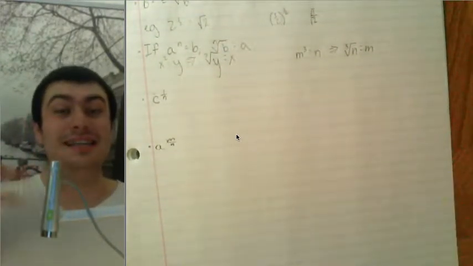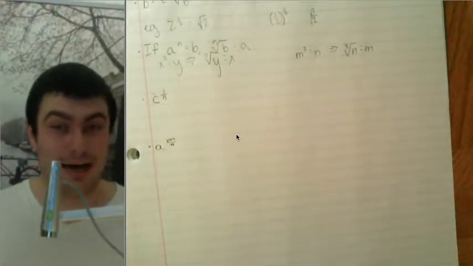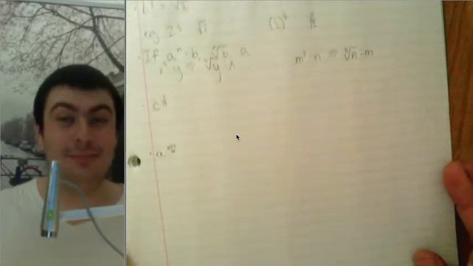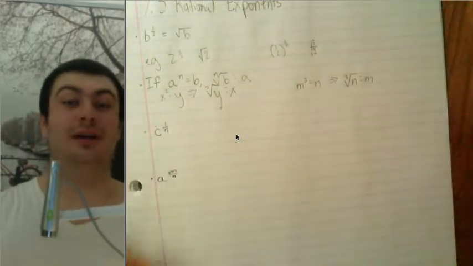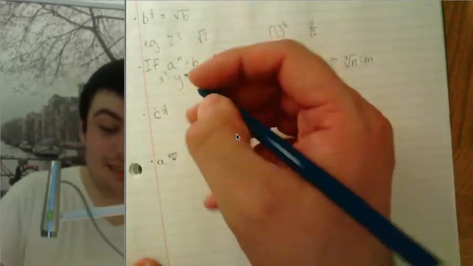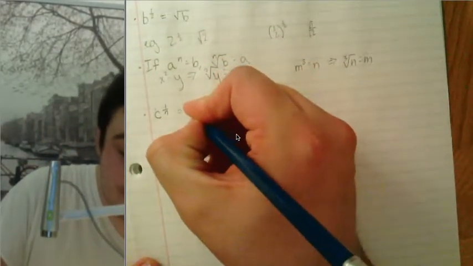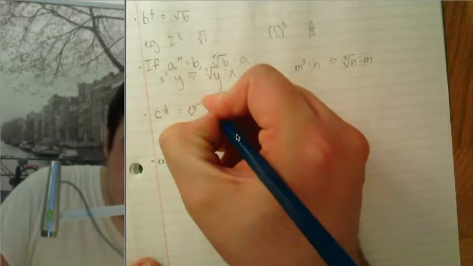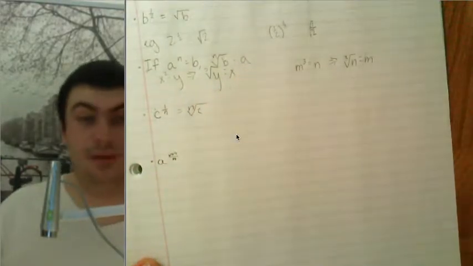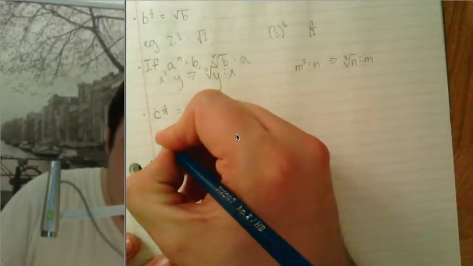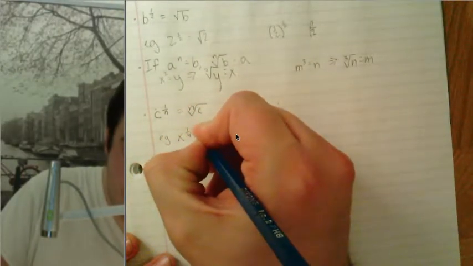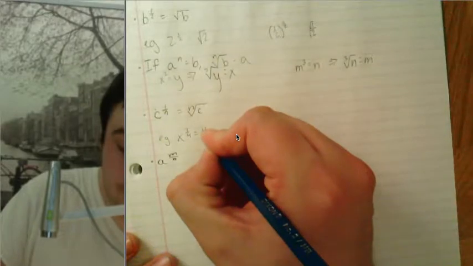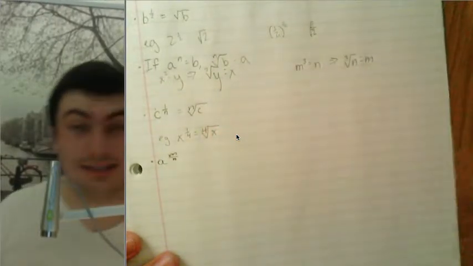Now, if we said c to the 1/nth power, keep in mind that we said that b to the 1/2 power is the square root of b. So that means that c to the 1/nth power is going to be the nth root of c. So for example, if we had x to the 1/4 power, that would be the 4th root of x.